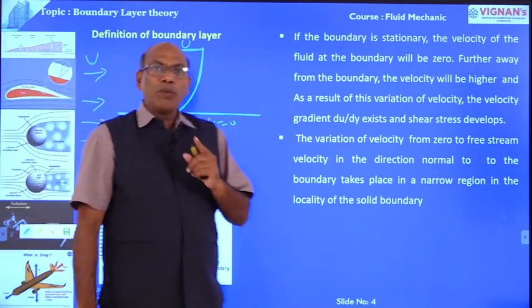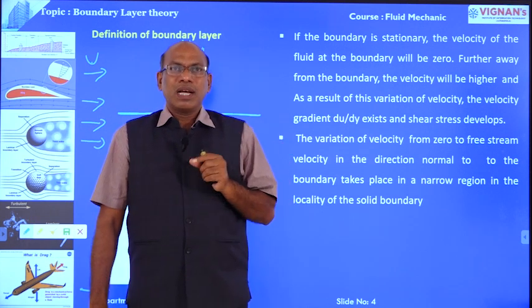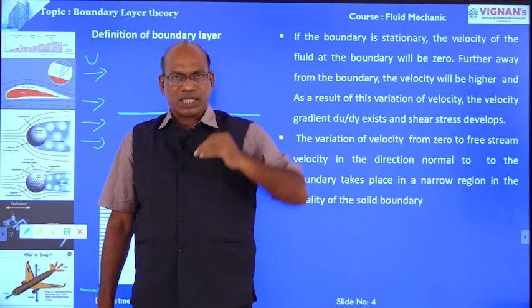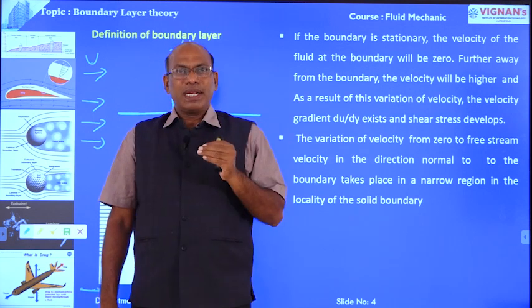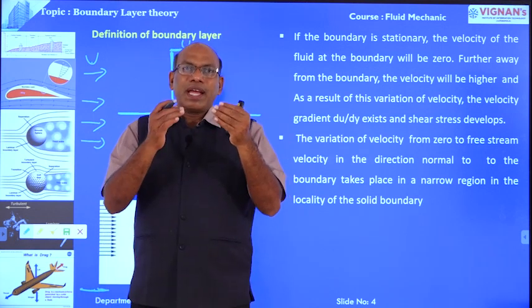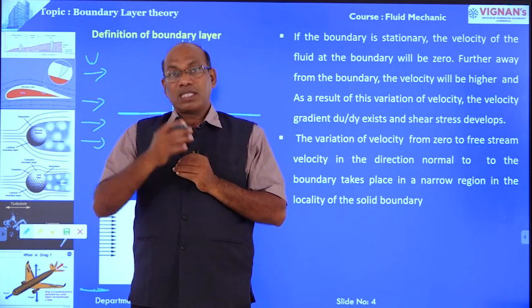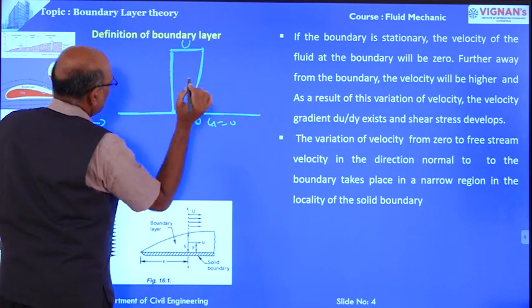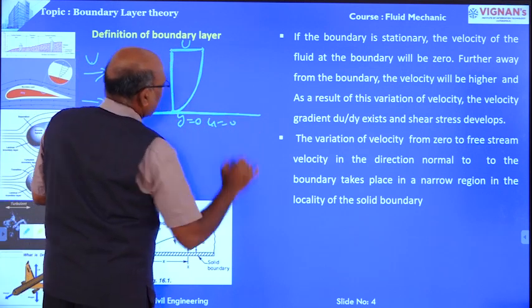Right? Boundary layer means the variation of velocity from 0 to free stream velocity normal to the boundary takes place in a narrow region, that is, in the vicinity of the boundary.